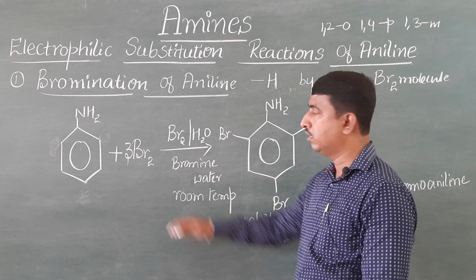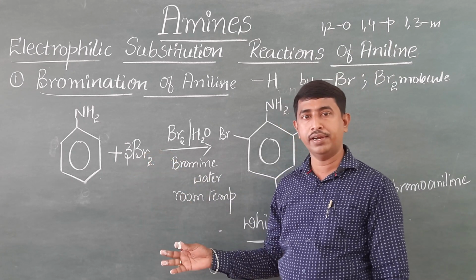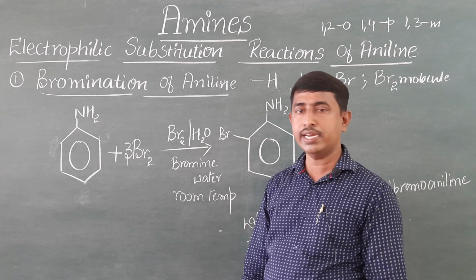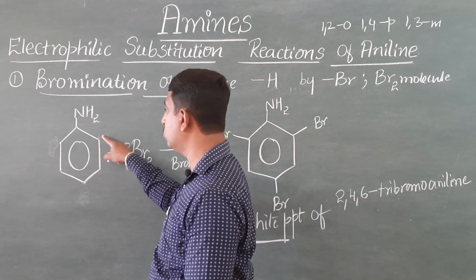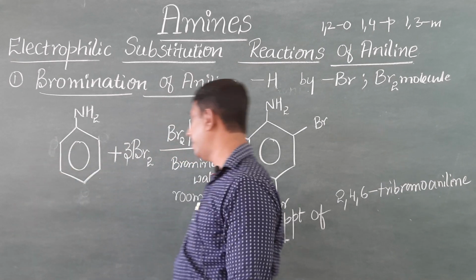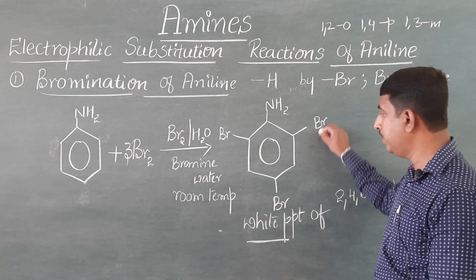See, aniline is treated with bromine molecule, replacement of hydrogen. Which positions are electron rich? Ortho positions and para positions. So ortho hydrogen, para hydrogen, one more ortho hydrogen readily gets replaced by bromine atom.